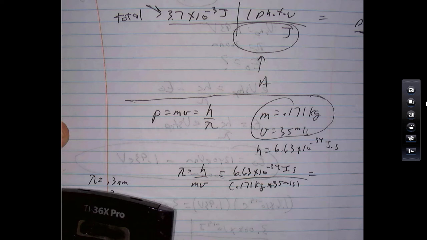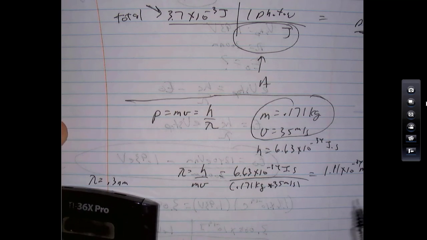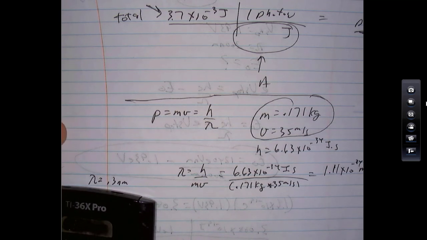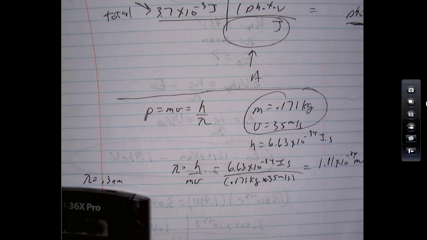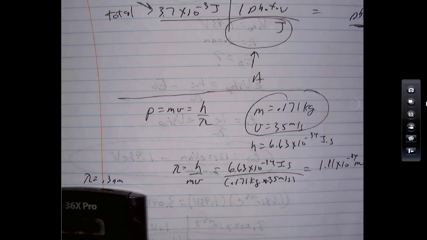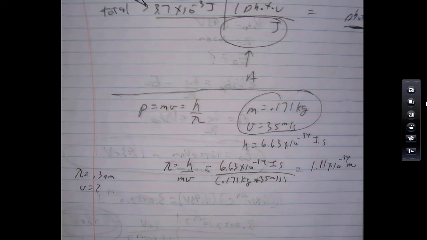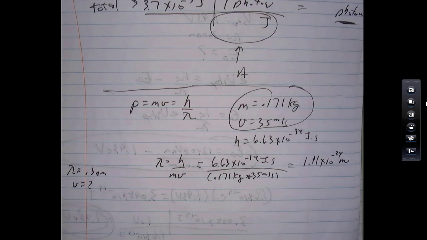Hopefully I got the numbers right. You might have different numbers than me. 1.11 times 10 to the minus 34th meters. So really, really small. A baseball is never going to go through an opening that small. That's why you don't see the wave nature of macroscopic objects, because they're not interacting with anything that small.